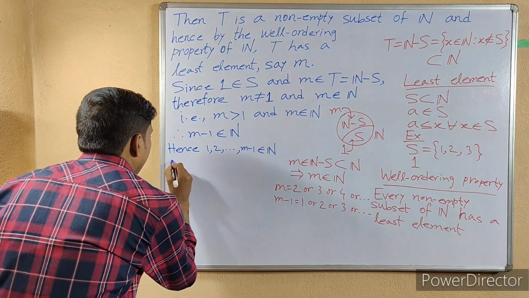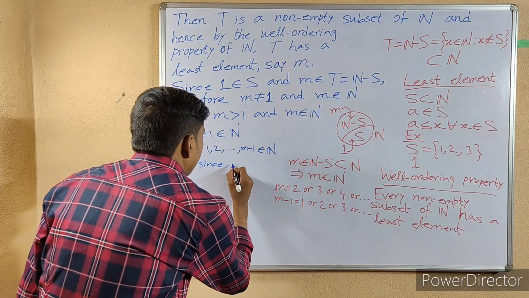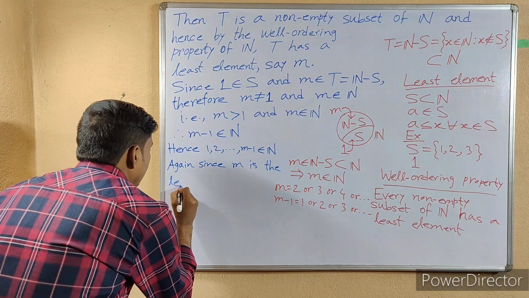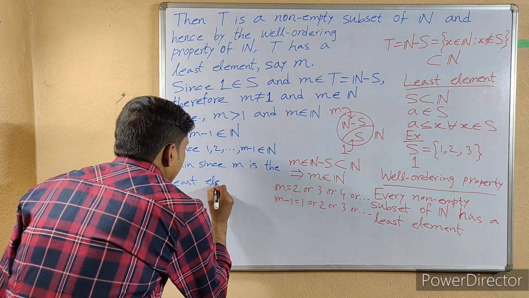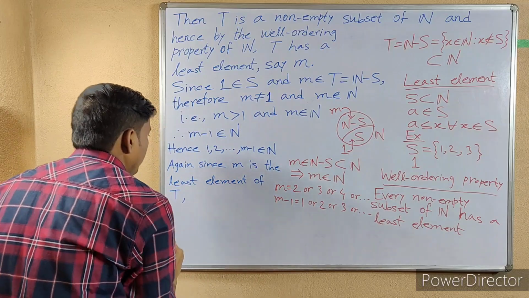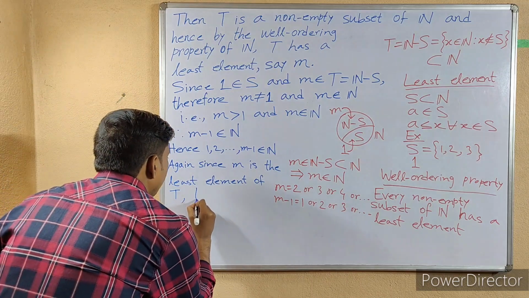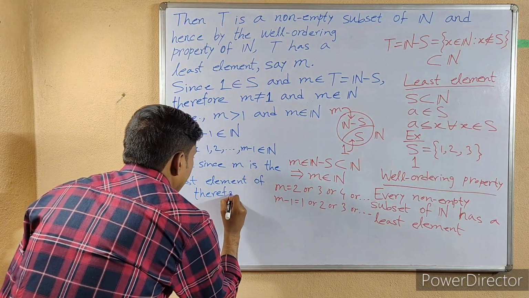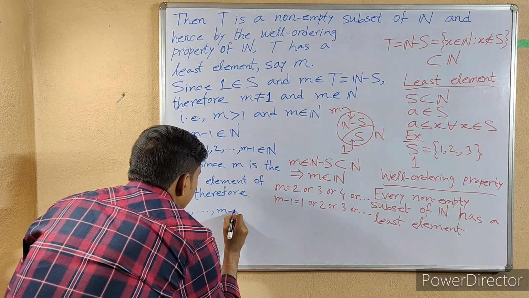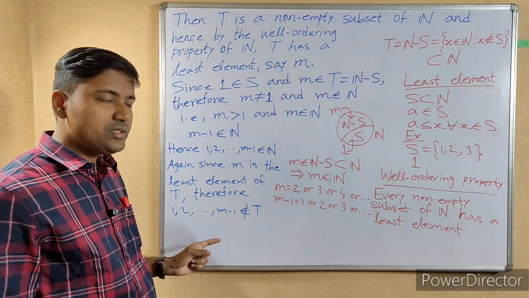Again, since m is the least element of T, therefore 1, 2, ..., m minus 1 does not belong to T. Can you say this?